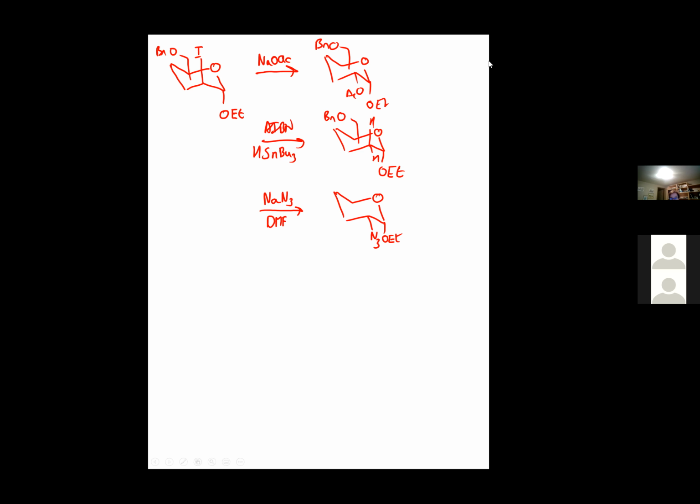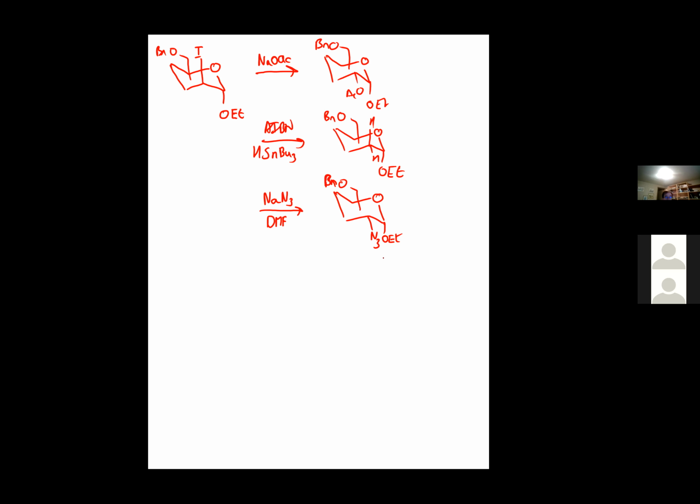And so I just posted assignment 2, and it is going to talk a little bit about using these amino sugars. That's because having a nitrogen at that C2 position is actually quite a common thing in biology.